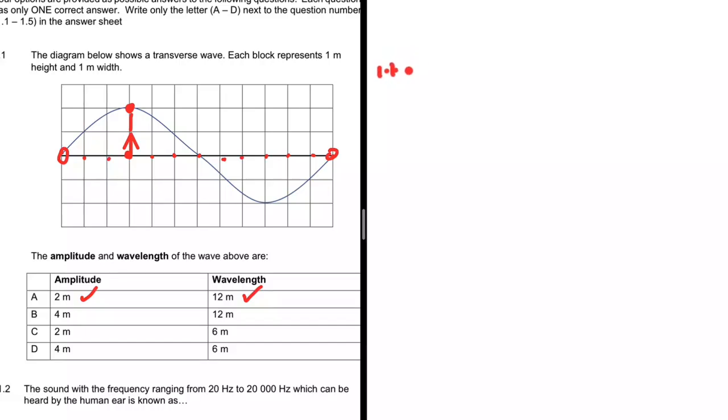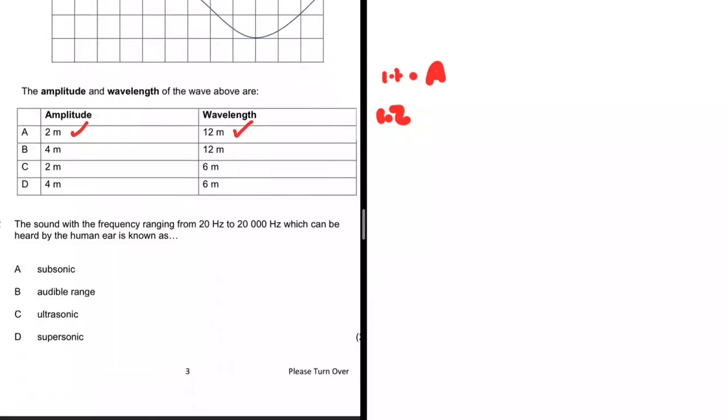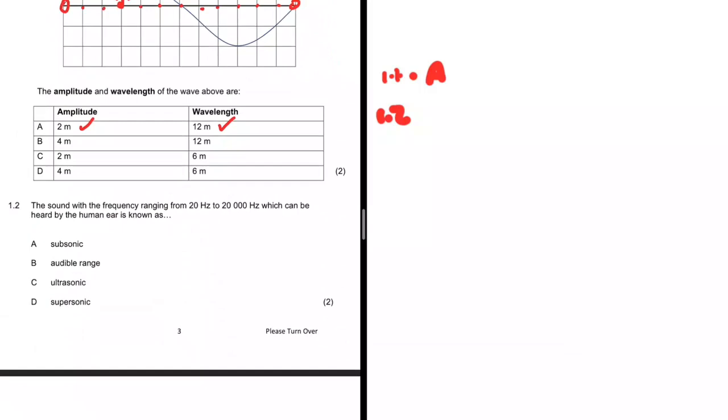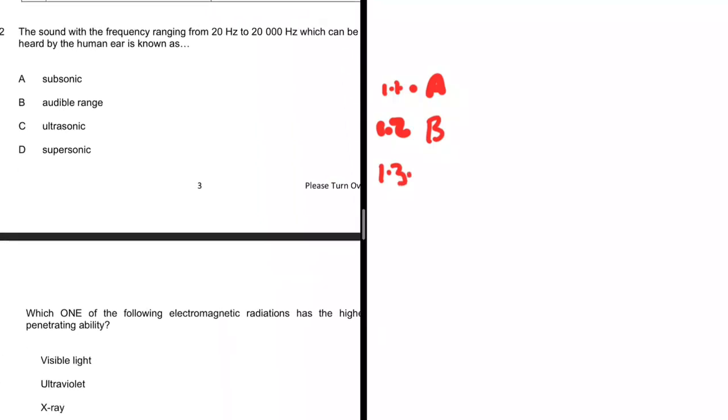Let's go ahead and take a look at 1.2. So 1.2, the sound with the frequency ranging from 20 Hz to 20,000 Hz, which can be heard by the human ear, is known as the audible range. So the answer to 1.2 is B. So that is just a definition. I don't think there's any need to explain that.